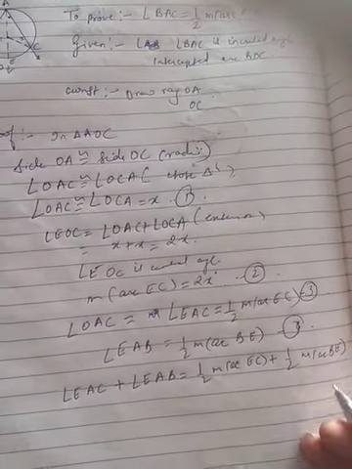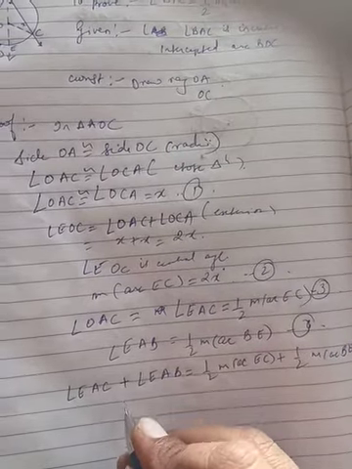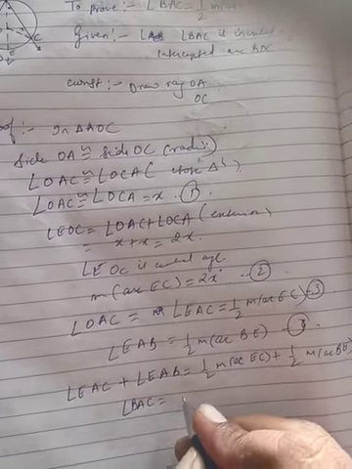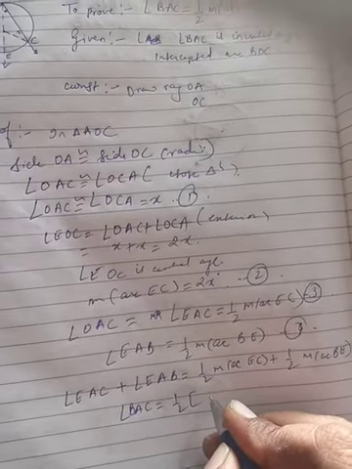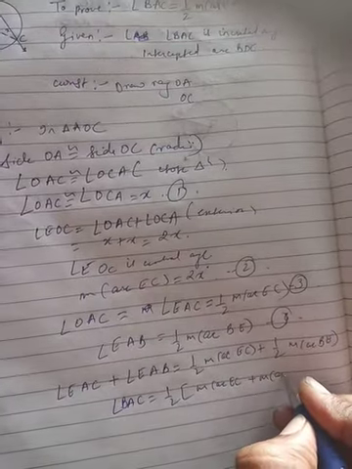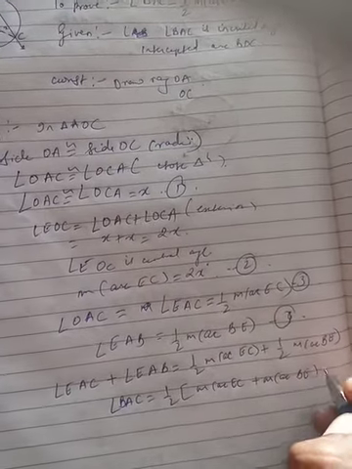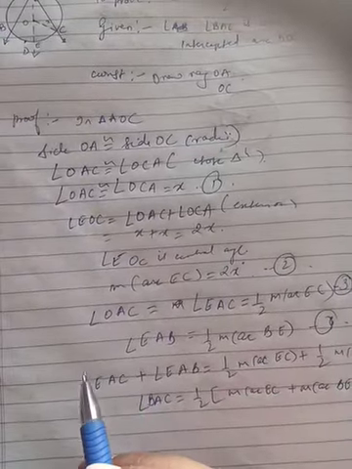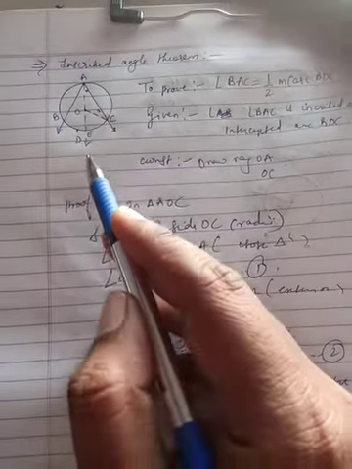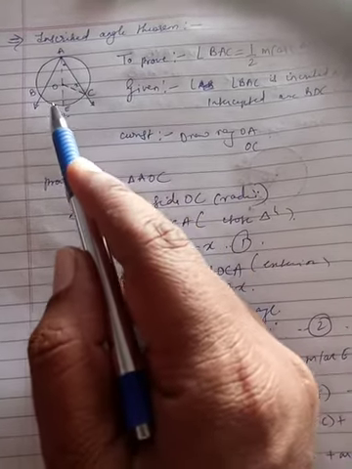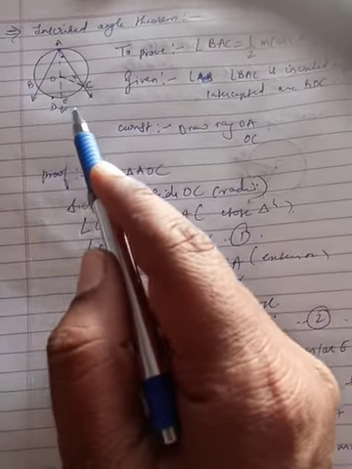So adding equations 3 and 4, we get angle BAC is equal to half of the measure of arc EC plus the measure of arc BE. Instead of this we can write the measure of arc BEC.